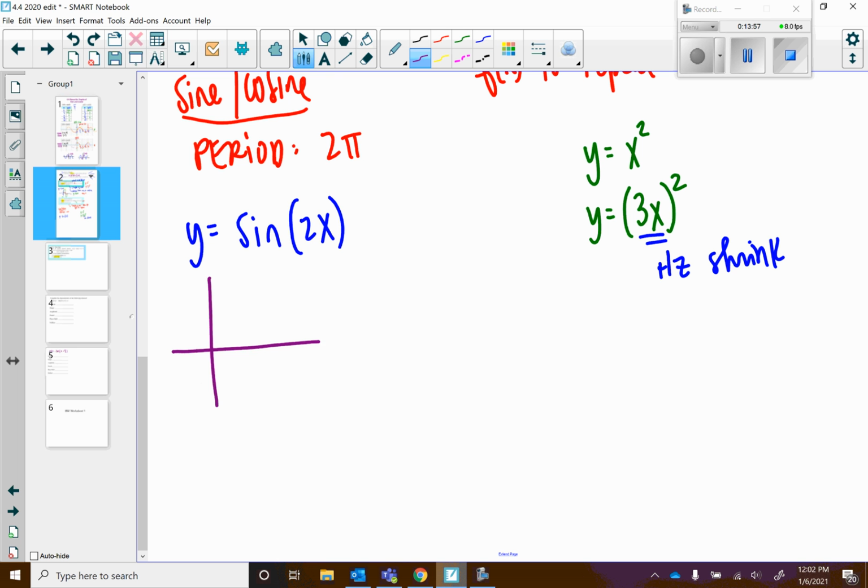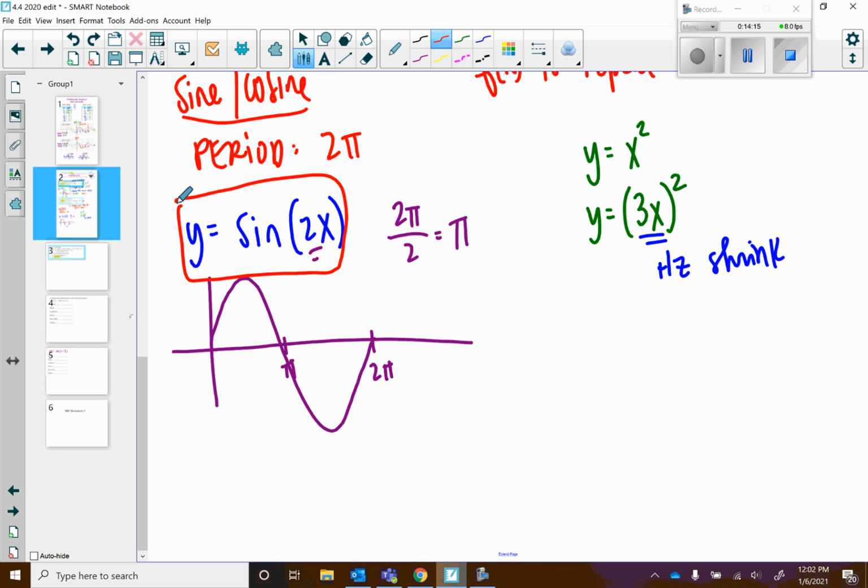This graph will not go all the way to 2 pi. The period here is 2 pi divided by b, in this case, pi. So instead of the graph that we saw before, the function is going to repeat itself from 0 to pi. So it's going to be squished like that. Again, this purple guy right here is just sine of x. This red guy is sine of 2x.